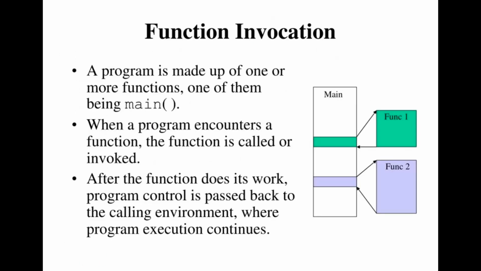Let's look at more of function invocation. As stated, a function is a self-contained block of code that performs a specific task. Let's say we have two functions, function 1 and function 2. Your main code has two invocations. The first one invokes function 1, the second one invokes function 2. As soon as a function is invoked, your entire flow of execution goes into this function and starts to evaluate the statements it has and return.